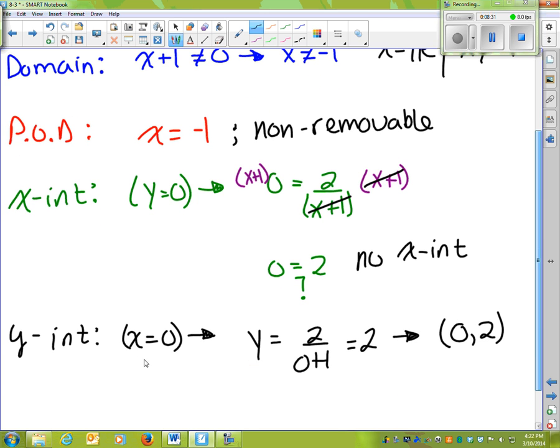And for my y-intercept, I put 0 in for x, giving me 2 over 1. I write it as an ordered pair. My y-intercept was 0, 2. So that concludes the first portion of the notes, just going over domains and the different points of discontinuity.